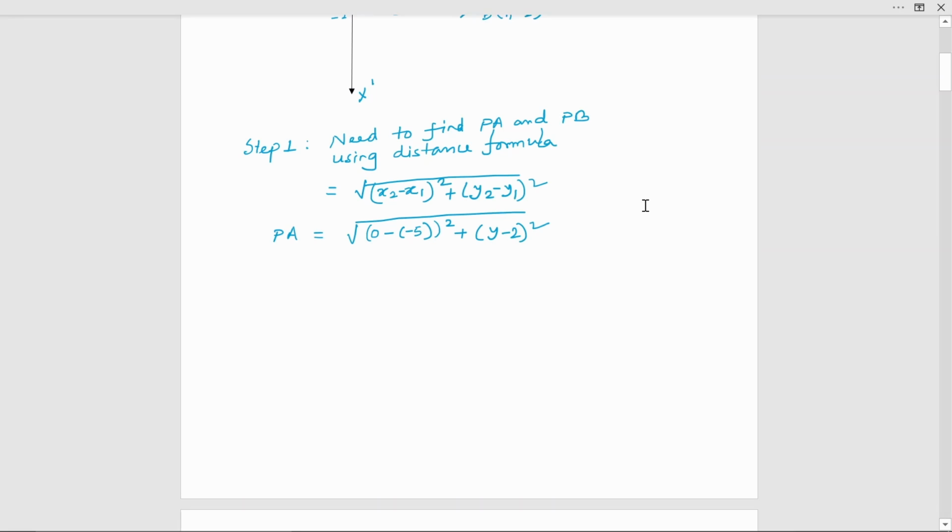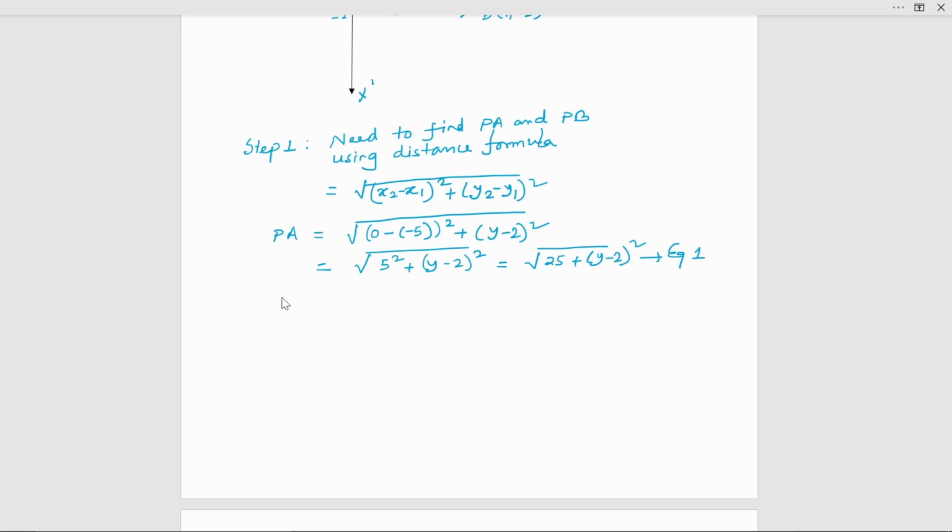Therefore this takes the form minus minus plus, so 5 square plus y minus 2 square, which is equal to 25 plus y minus 2 square. This is one equation, we can call it equation 1.